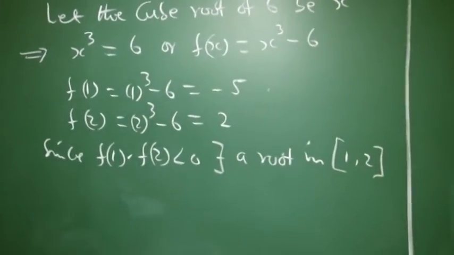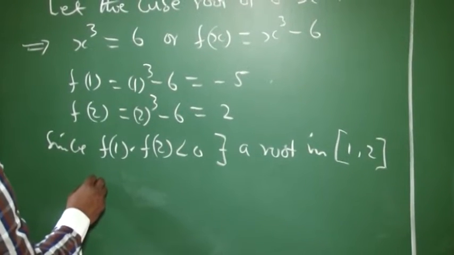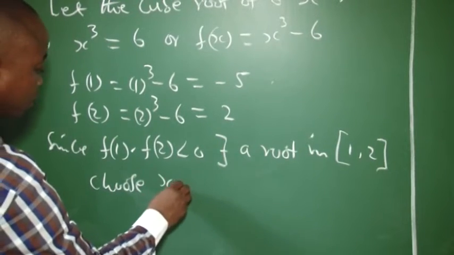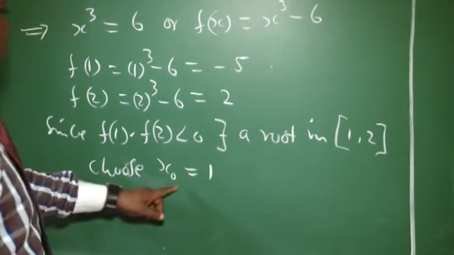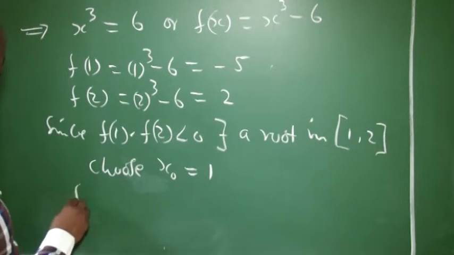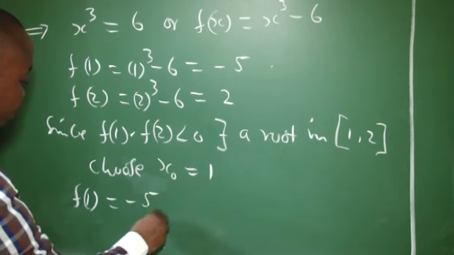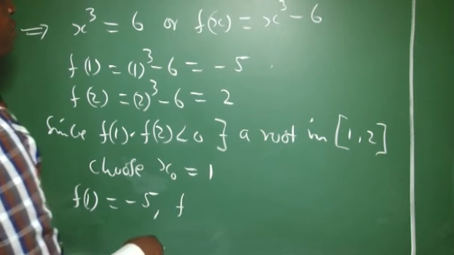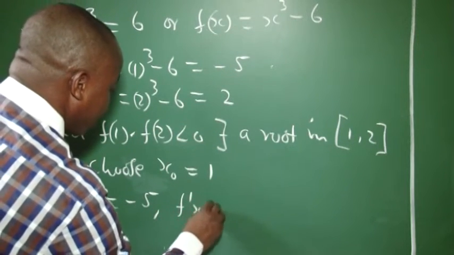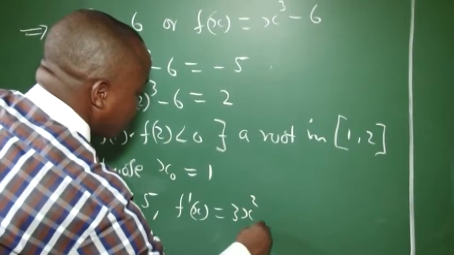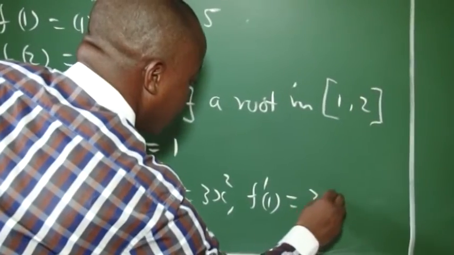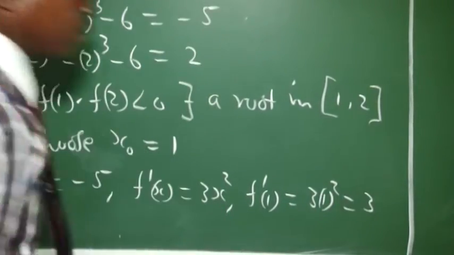Okay, let us start the iteration. We are going to choose x0 equal 1 as the starting point. We know that f of 1 equals minus 5. What about f prime of x? F prime of x equals 3x squared, so f prime of 1 is 3 times 1 squared, which is 3.